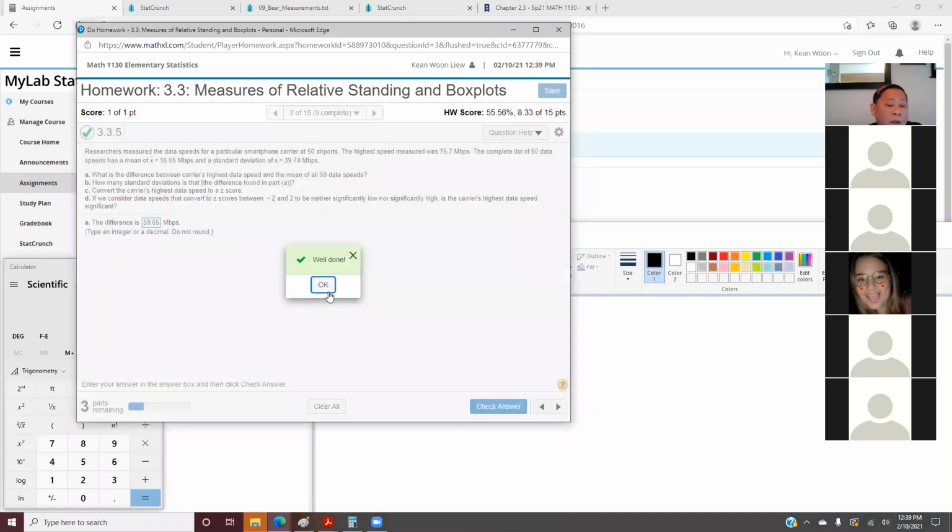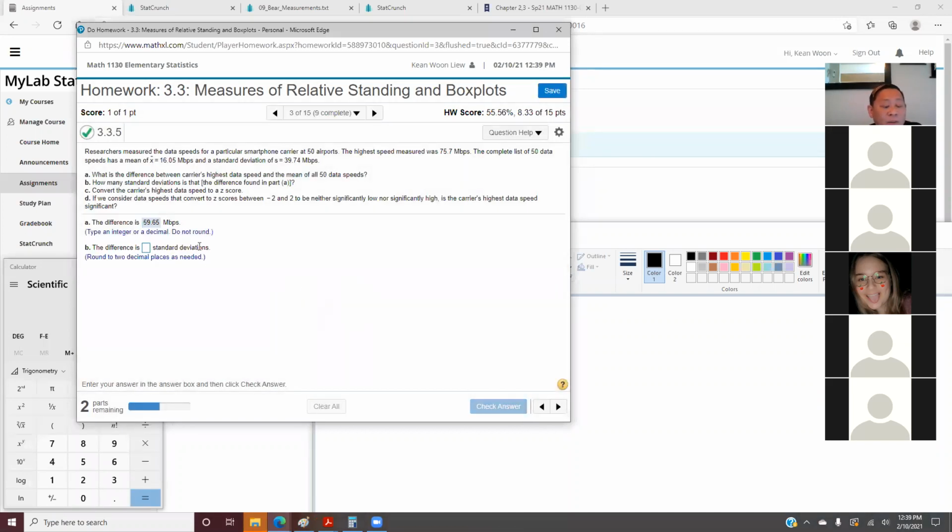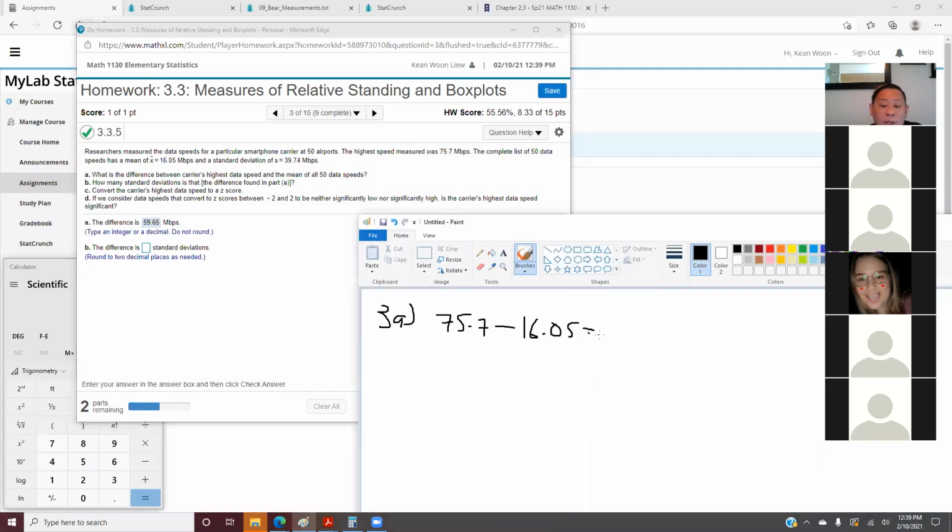If you want to find the difference in standard deviations, you take this number, 59.65, and divide it by the standard deviation, which is 39.74. This answer has to be positive.